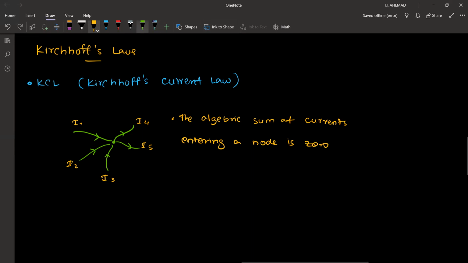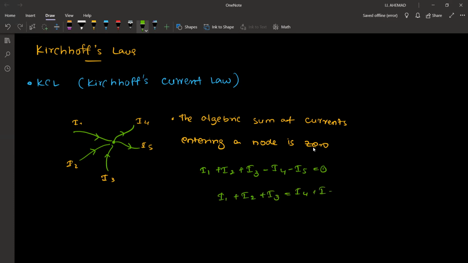According to him, I1 plus I2 plus I3 minus I4 minus I5 is equal to 0. Or you can rearrange it as I1 plus I2 plus I3 is equal to I4 plus I5.